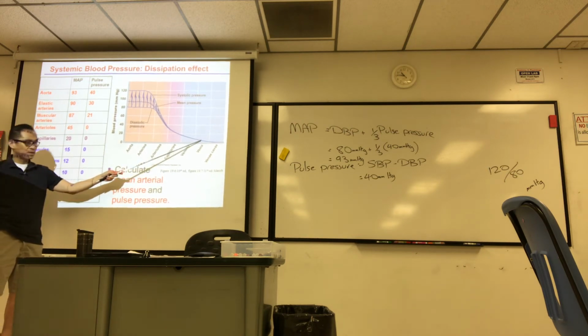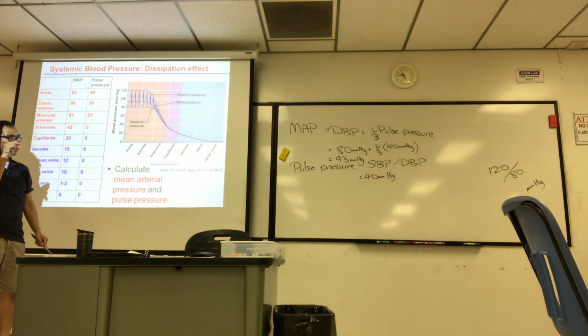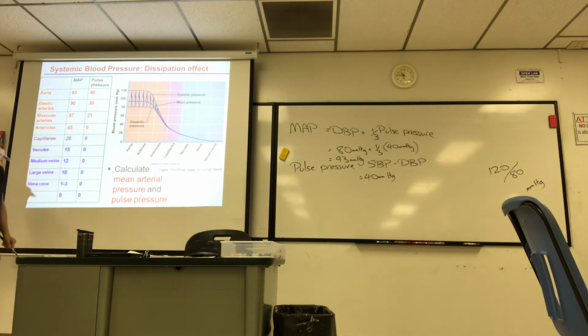When you get to veins, still no pulse pressures. Think about it. A small blood vessel could not handle a pulse. The wall is too thin and it would just burst. So that's why the arterioles resist that, and you lose a lot of pressure in arterioles, and there are no pulse pressures after them. All right, let's move on.